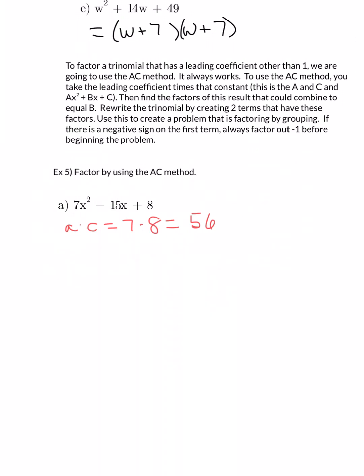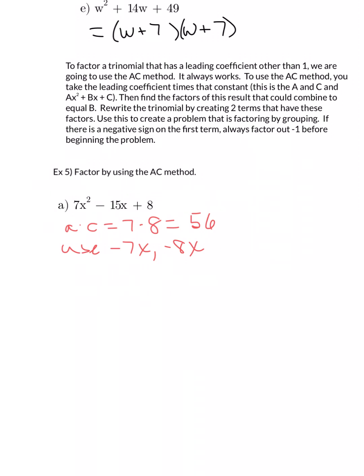Now ask yourself, what multiplies to equal 56 and would add or subtract to equal 15? Well, that is the 7 and the 8. So we are going to change our negative 15x into negative 7x and negative 8x. We're going to split that middle term into those two terms.